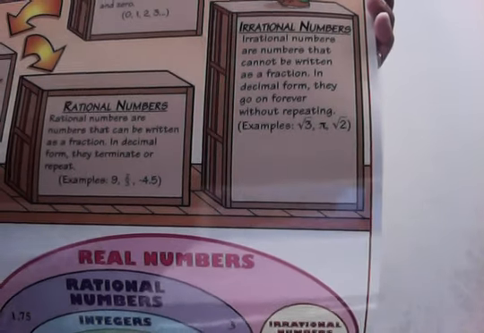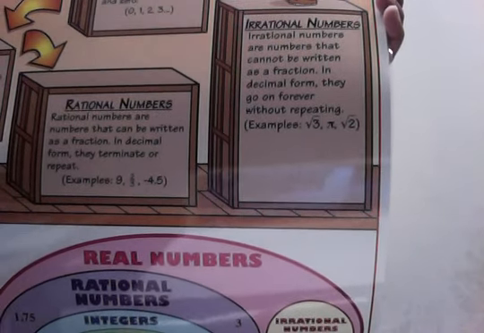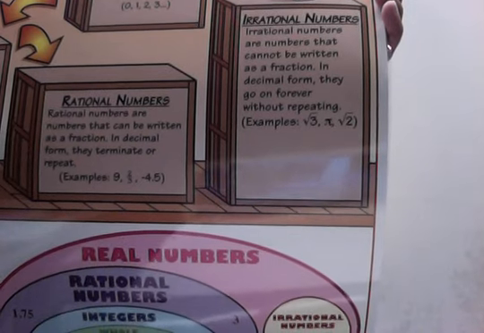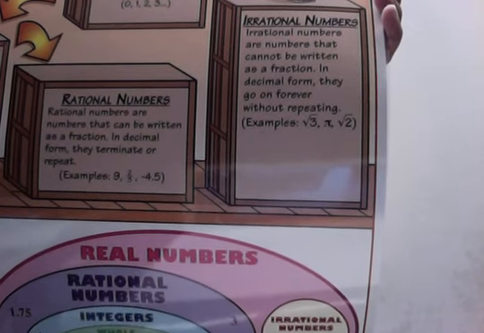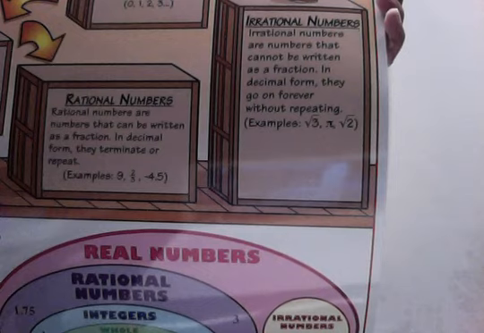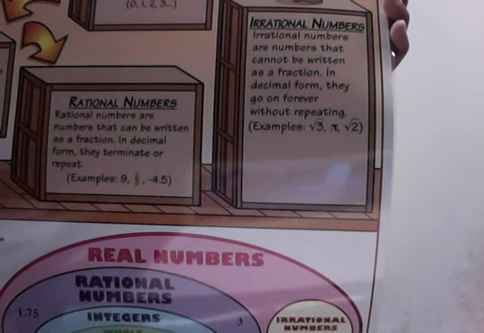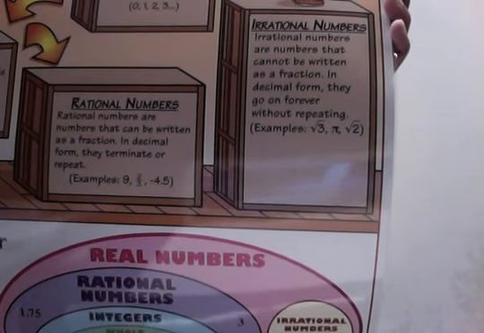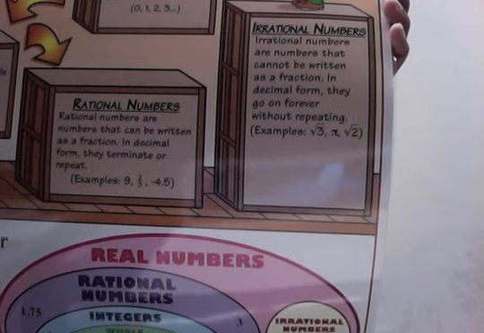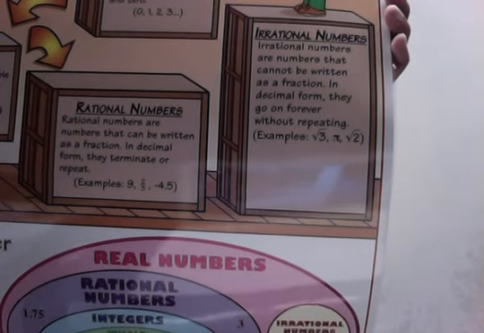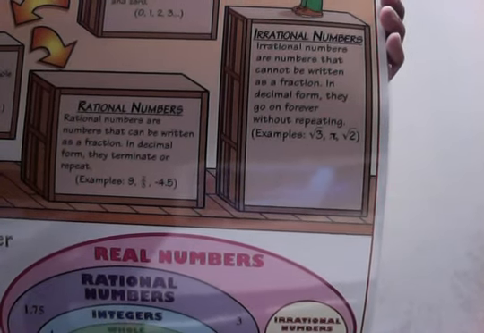Okay? So if you look at these examples here, the square root of 3. All right, if you were to put that in your calculator, it would show you a decimal, but that decimal is going to go on forever without repeating. Pi is 3.14, and then those numbers go on forever without repeating. Same with the square root of 2, okay?